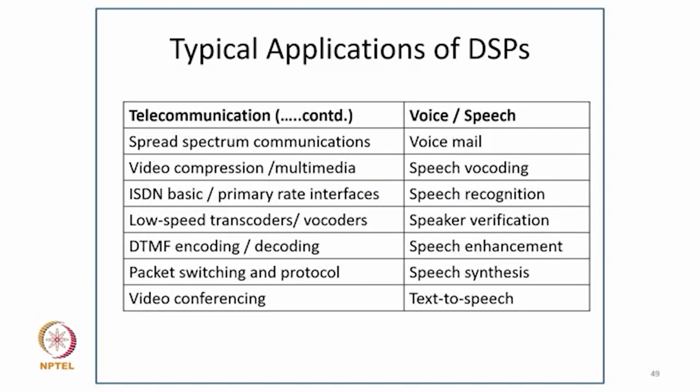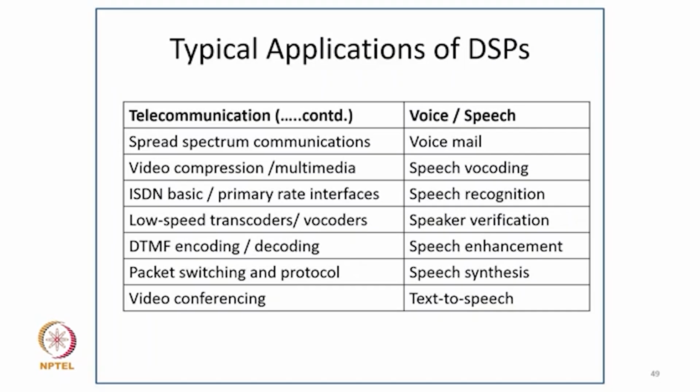And continuing for telecommunication, like speech, spread spectrum communication, video compression, multimedia, ISDN basic and primary interfaces, low speed transcoders and vocoders, DTMF encoding decoding, packet switch and protocol, video conferencing.